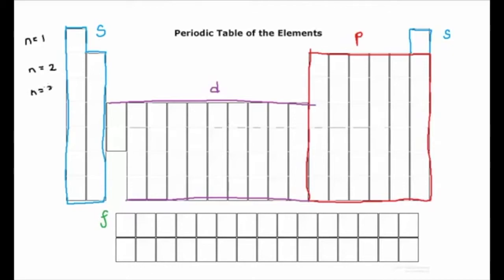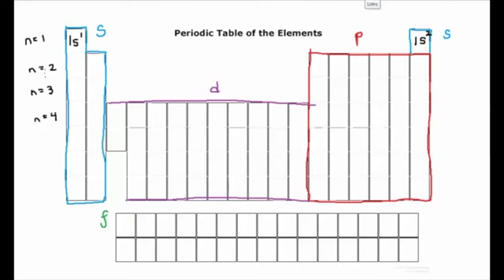Then my third principal energy level, then my fourth, etc. The way that I'm going to write this, you first write your principal energy level, 1, then you write your sublevel, which is S, and then you write how many electrons there are. I've only hit one box so far, so there's only one electron. If I move over here, because I'm reading it like a book, I'm still in my first energy level, S sublevel, but now I have 2 electrons, because this is my second box.